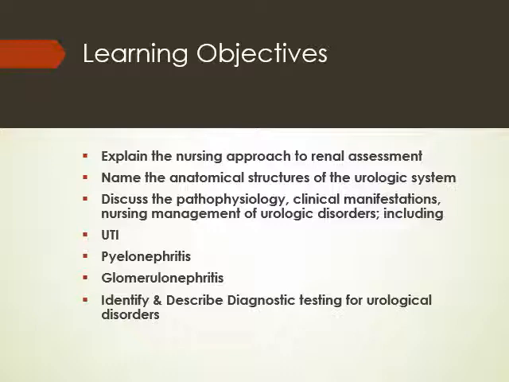We need to know the subjective and objective symptoms, and then looking at the different components of the abnormal, so UTI, urinary tract infection, pyelonephritis, glomerular nephritis, and looking at diagnostic testing for all the disorders.